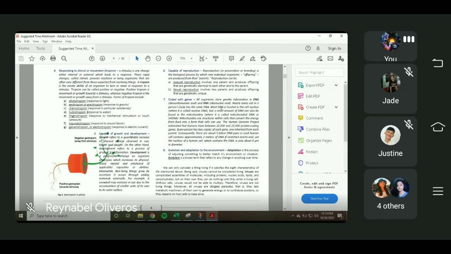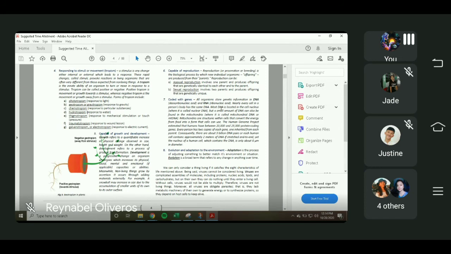So, growth refers to quantifiable increase of physical change that may be observed in size, height, and weight. Then, development is a progressive change of an organism which undergoes the increases in its physical, social, mental, and emotional development.